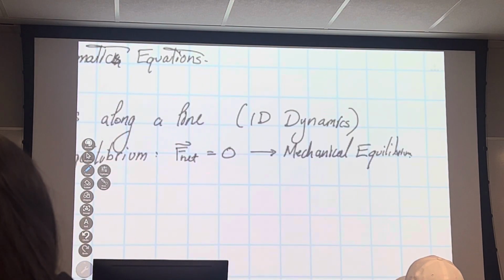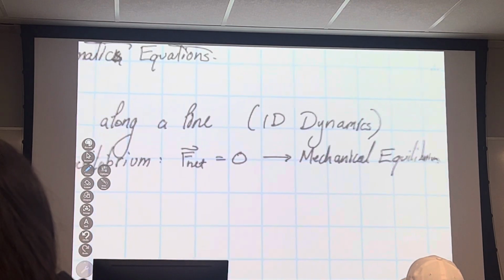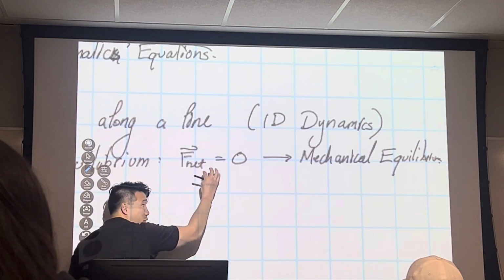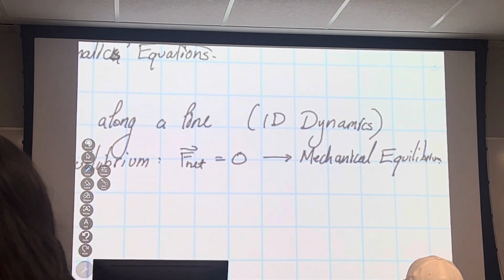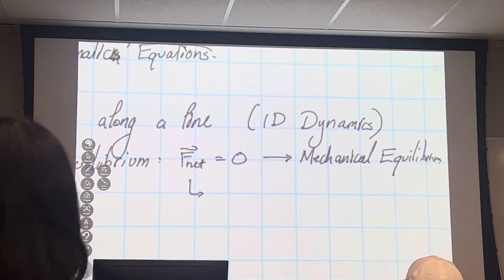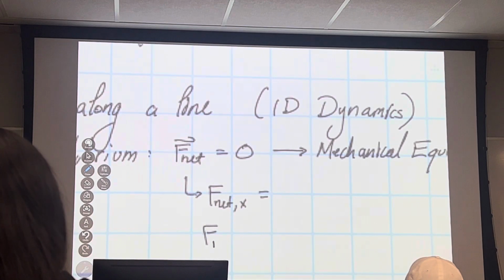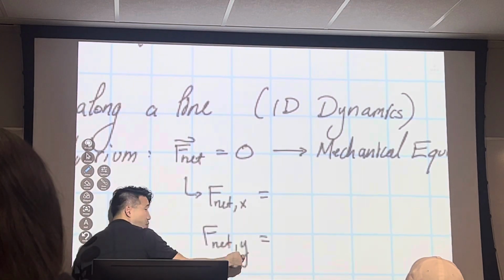You guys remember that? Now I want to recall this because I want to tell you specifically, what does this actually mean? Because the net force, well, this force is a vector, it has x and y components. So we have F net x and F net y. At equilibrium, what is F net x and what is F net y?